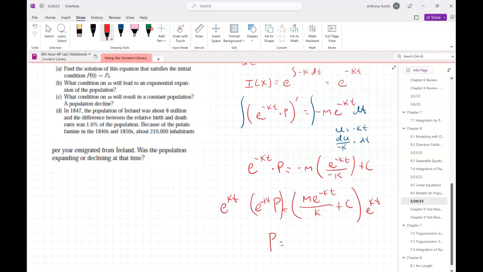So P is going to equal M over k plus C times e to the kt.